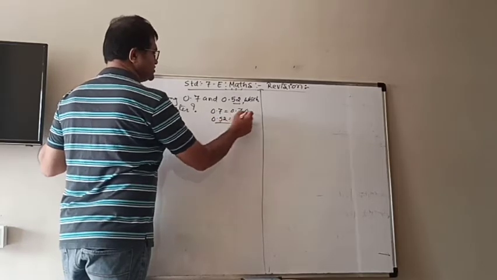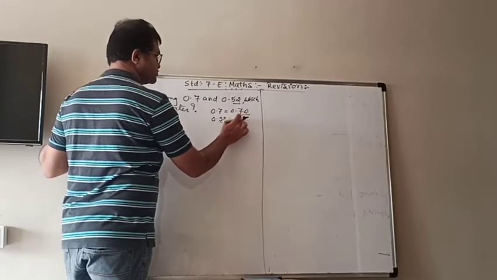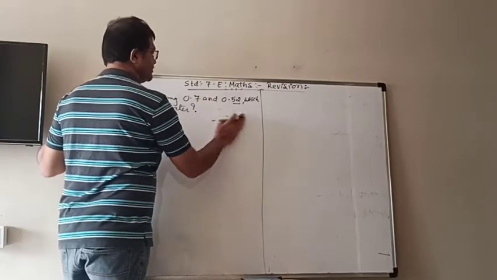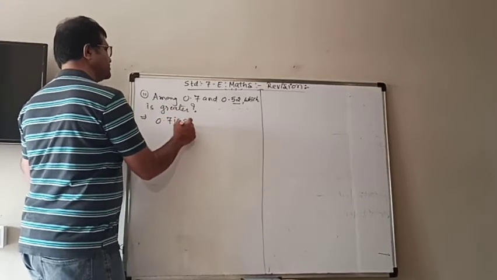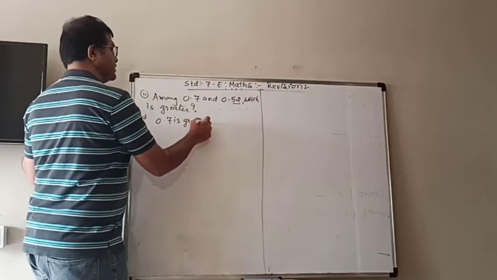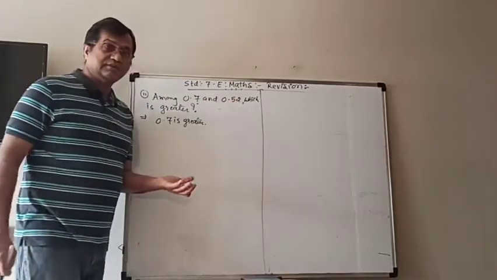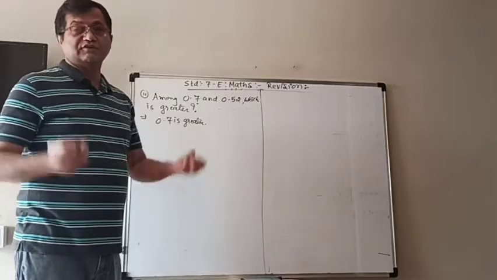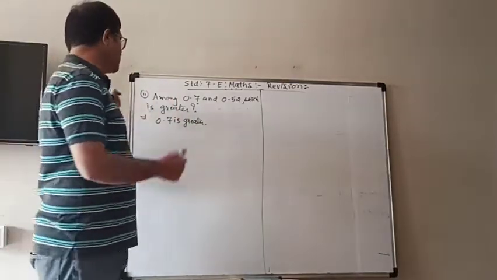Which is greater, 70 or 52? Obviously 70. So 0.7 is greater. Sometimes if you see only 7 and 52, you will think 52 is greater and without thinking you write 52. That is wrong.